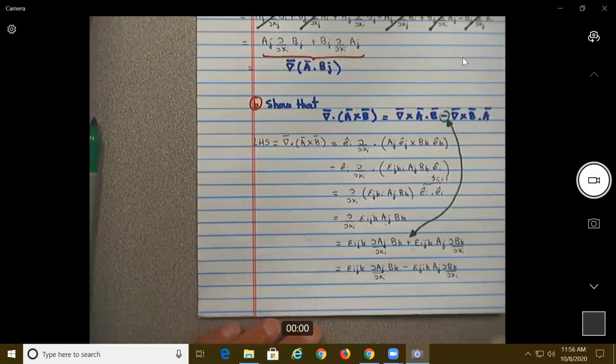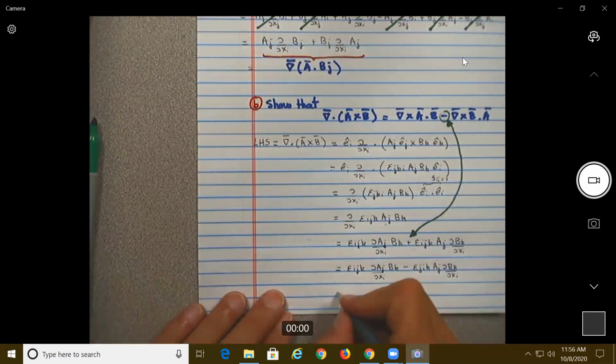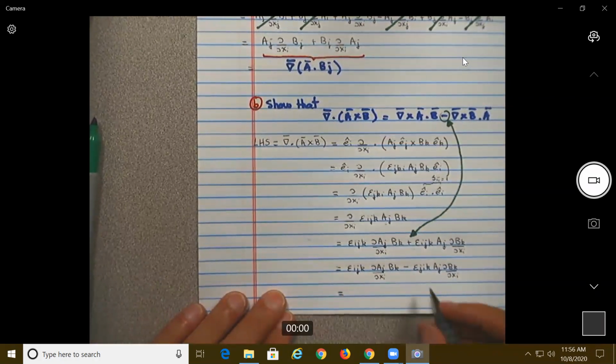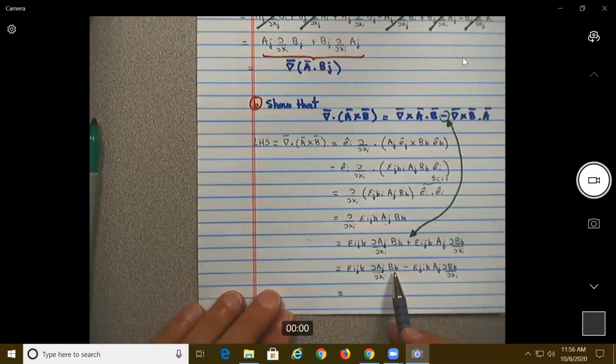Okay, but I'm going to say right away, and this is equivalent to basically, maybe the notation is not perfect what I did here.